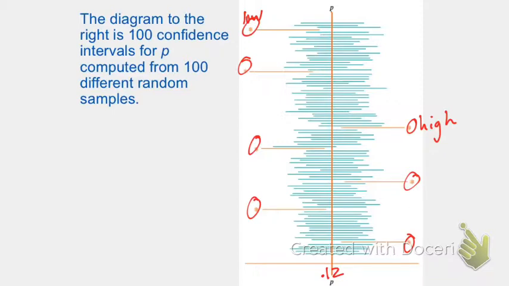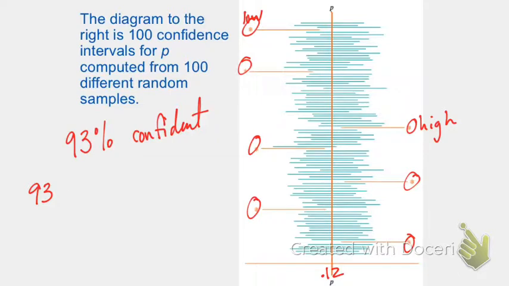But they didn't know they were wrong because they didn't know that it was 12%, but I knew it because I know the population. So how I relate this to the confidence level is, out of 100 samples, it could be we're 93% confident. And what that means is that 93% confidence means that about 93% of the confidence intervals will capture the true proportion.